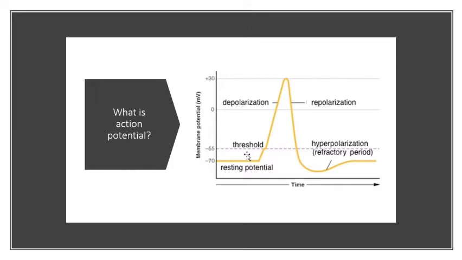You're pulling on the cord, but if you don't have enough strength, nothing is really going to happen to the motor. Again, you're going to have to pull to a certain strength in order for the motor to turn over and for the lawnmower to function. We can imagine the threshold as that. Anything that increases the resting potential but stays below this threshold is not really going to trigger an action potential.